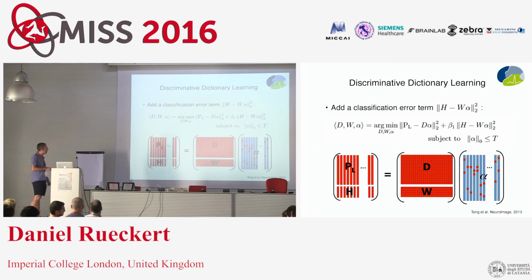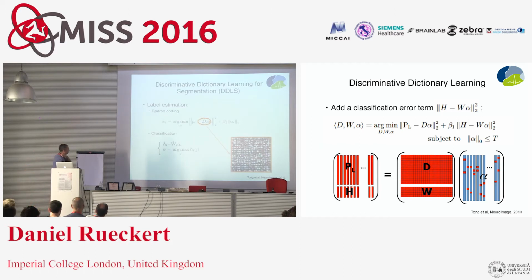So in addition to learning a gray level dictionary, I'm now also going to learn this linear classifier, and I'm going to add this all together and optimize this whole problem over the gray level dictionary, my linear classifier, and my coefficients for the reconstruction, okay?